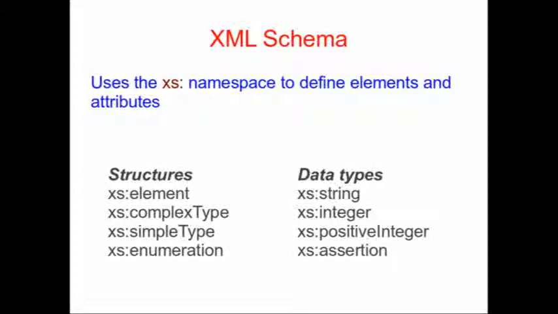And the data types are standard data types that you would expect to be associated with data in a strictly typed language. For example, things like strings, integers, positive integers. And so you can not only describe exactly what's going to be within an XML tag, you can also say, I'm going to limit that tag to these particular data types.